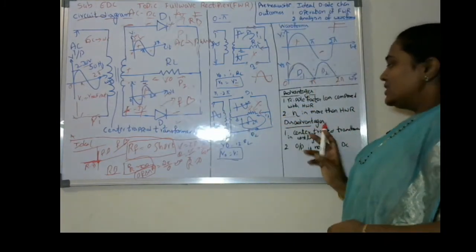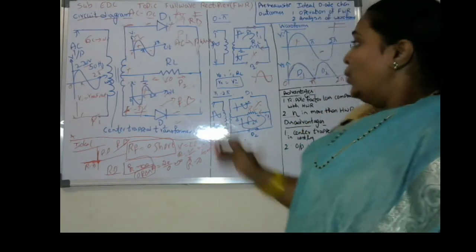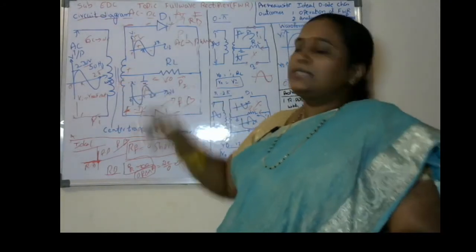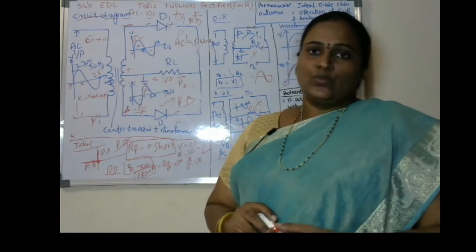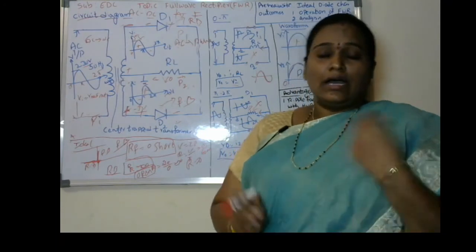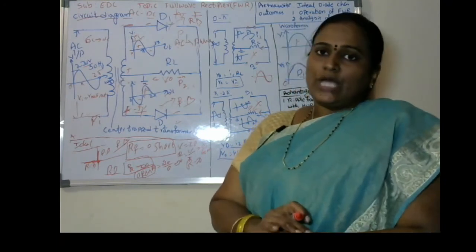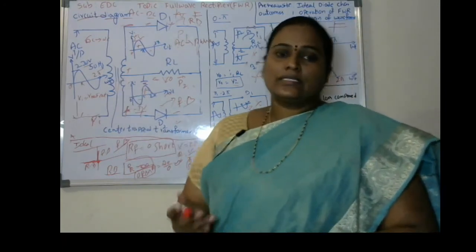Next, the disadvantages of the full wave rectifier circuit. We are using a center tap transformer, which is a costlier one. This is one of the disadvantages compared with the half wave rectifier circuit, where we used only a step down transformer.